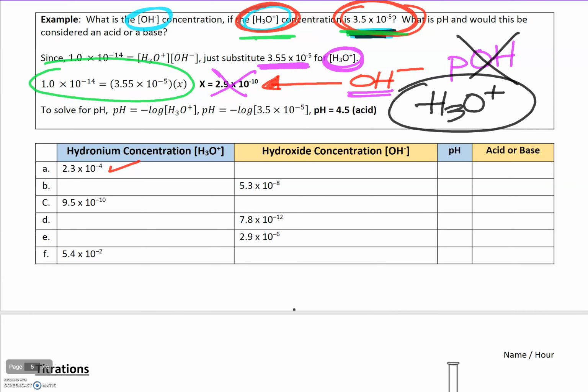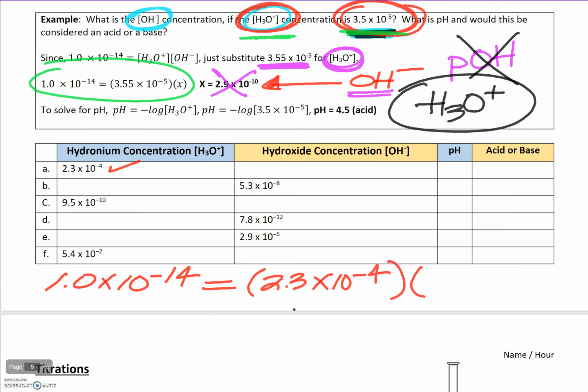In your calculator, you're going to take 1.0 times 10 to the negative 14th, and set that equal to hydronium, which is 2.3 times 10 to the negative 4th, times hydroxide, and that's going to end up being our x. We're just going to replace all that with an x, and then we'll solve for x.